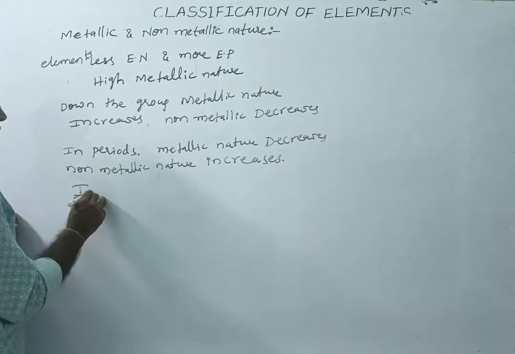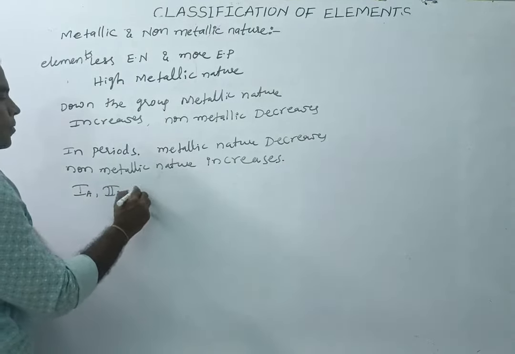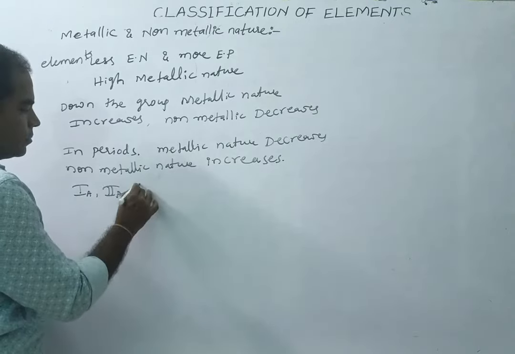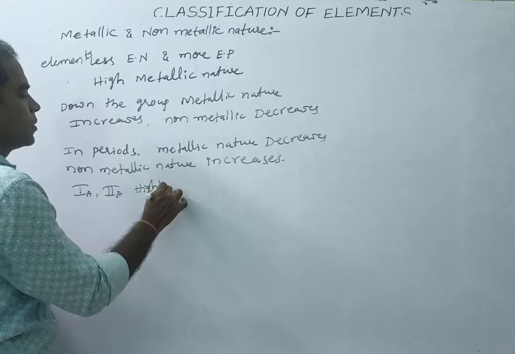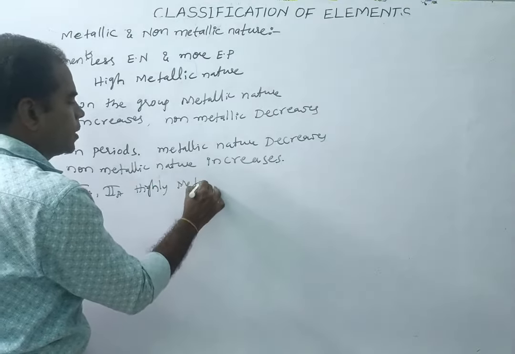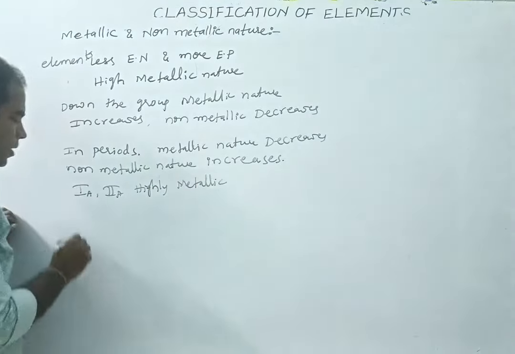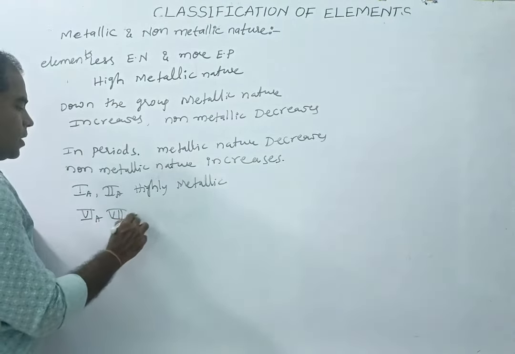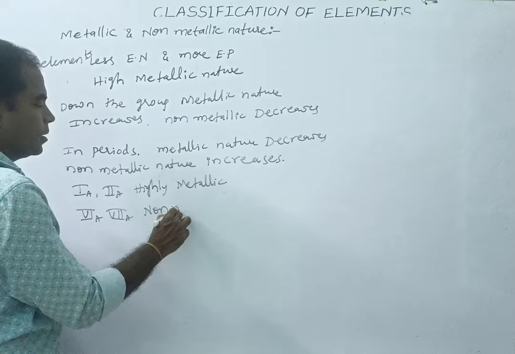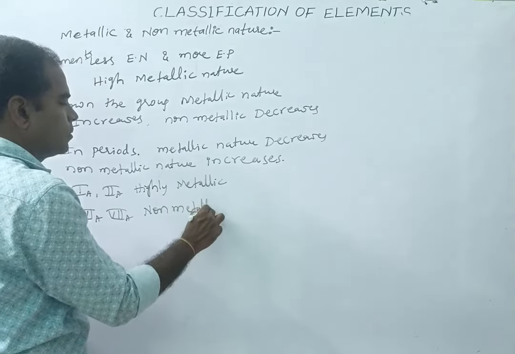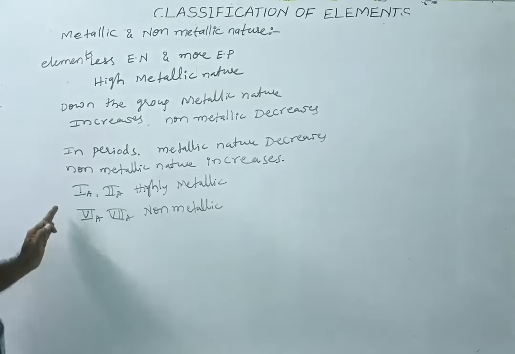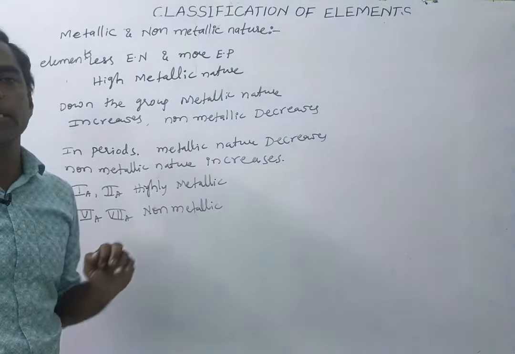Group 1A and 2A are highly metallic in nature. Group 6A and 7A are non-metals. Down the group, metallic nature increases; left to right, metallic nature decreases.